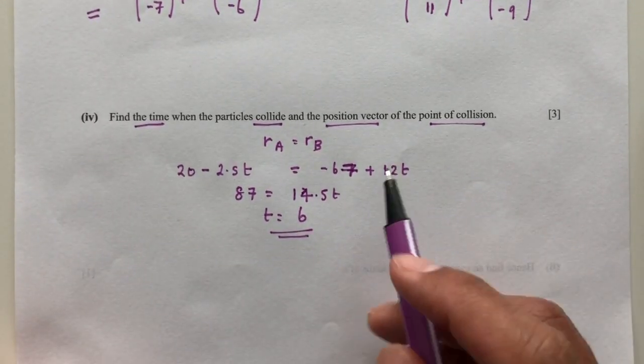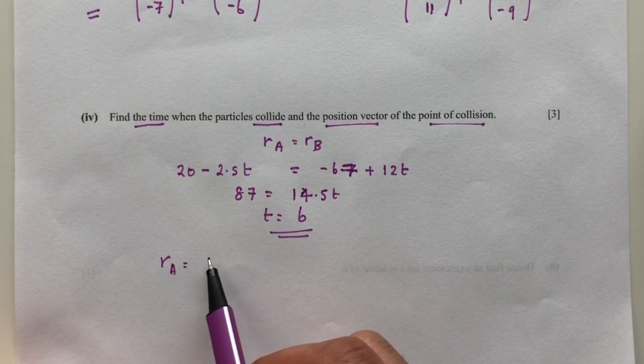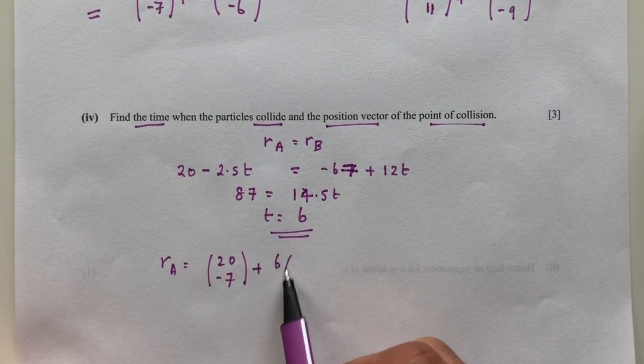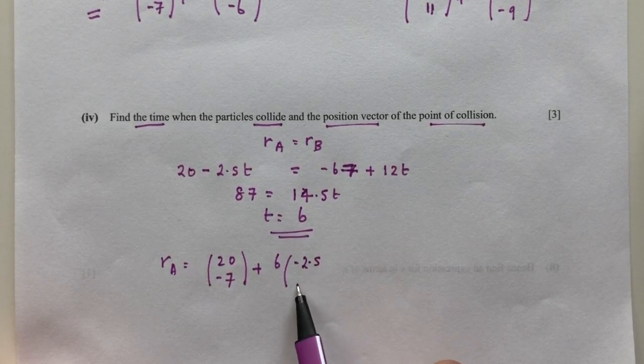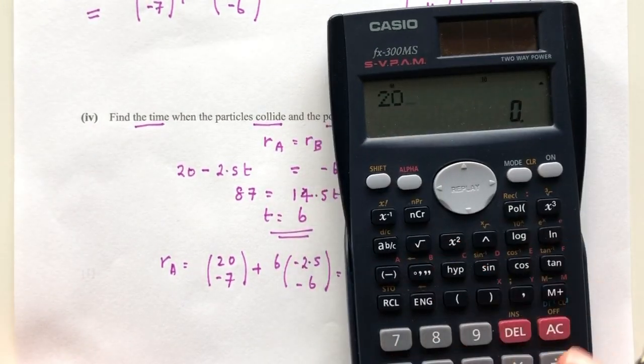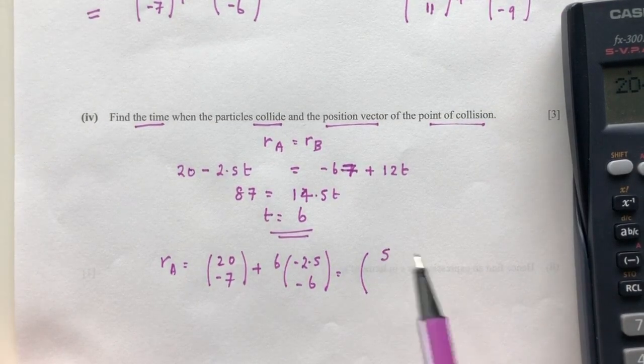Now what is the position? We can just replace t in any of them. Let's replace t in RA. You will have 20 minus 7 plus t, which is 6, minus 2.5 minus 6. So one by one, 20 plus 6 times minus 2.5, that will be 5.